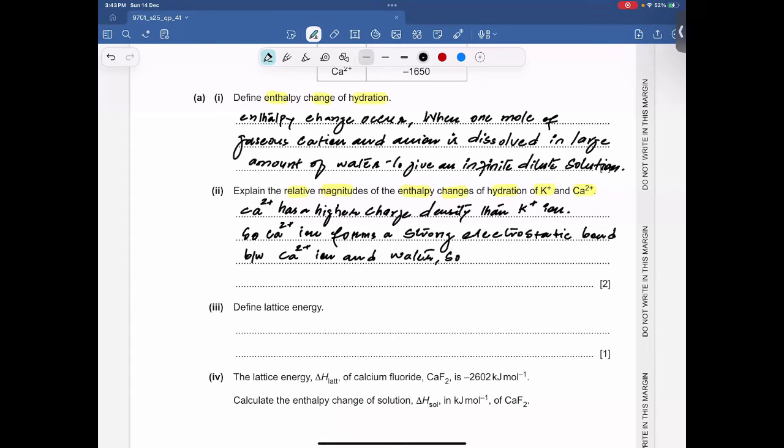So its hydration enthalpy is more exothermic. Also, you can even say that potassium ion has a larger ionic radii.